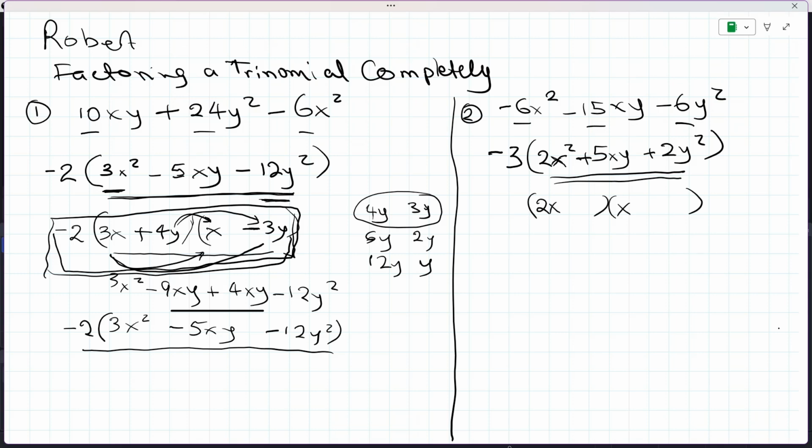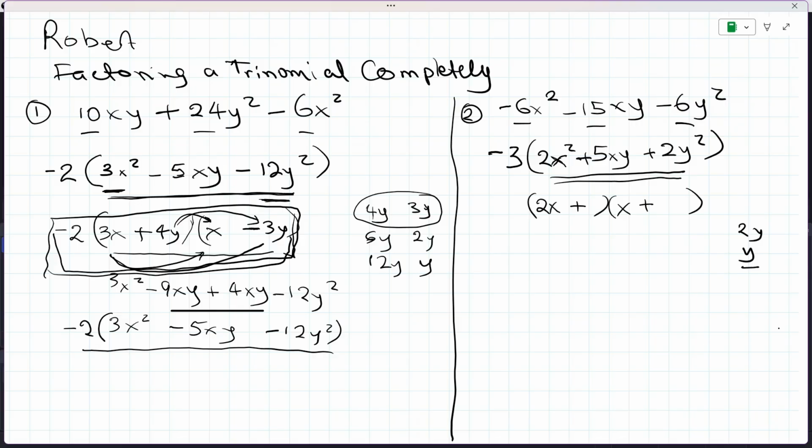And then for the last term, 2y squared, we will have 2y times y. Now, in this case, since the entire expression has positives, we must have positives. And so we have 2x. We have to choose whether to have y in the first parenthesis or to have 2y.